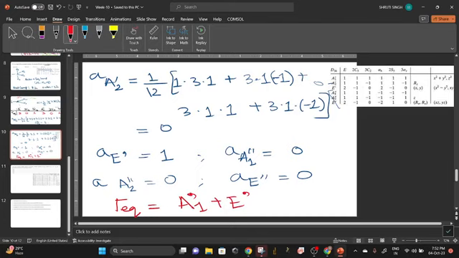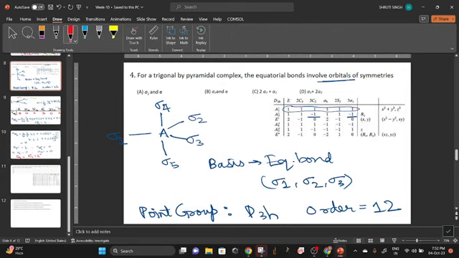So the answer will be A1 dash plus E dash. Oh, the answer is not given actually. So it should be A1 dash plus E dash, and then the correct answer will be this.